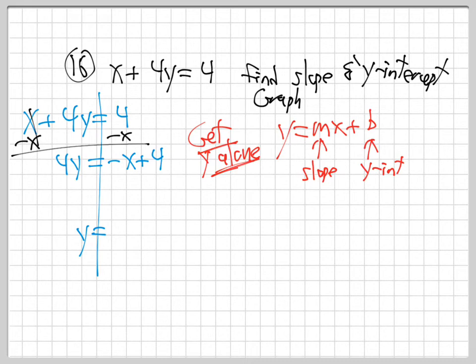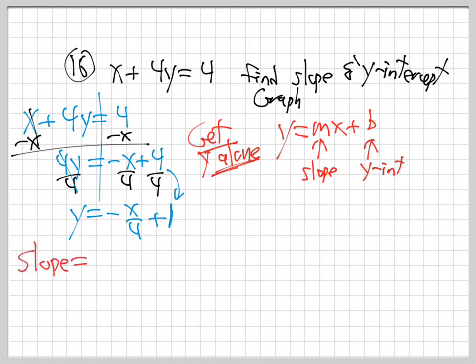Same thing. Last step to get y alone. Divide. Remember, when you divide all the way through all of them like that. Okay. These cancel. Y equals negative x over 4 plus 1. 4 divided by 4 is just 1. So there we go. We got the y alone. So they've been asking me, what's the slope? And what is the y-intercept?